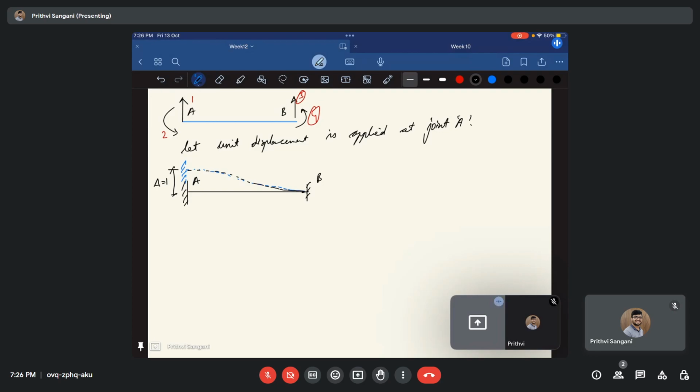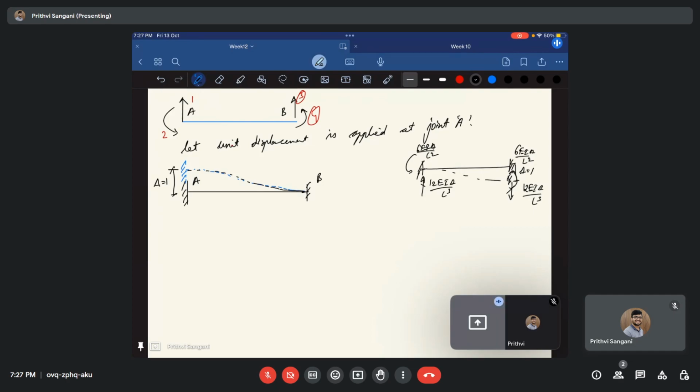I think last time we were discussing the same thing. If the support is settled by, let us say, delta equal to 1, if you remember, the moment is 6 EI delta by L square, and the moment here is also 6 EI delta by L square, and the support reactions are 12 EI delta by L cube, and this is also 12 EI delta by L cube.